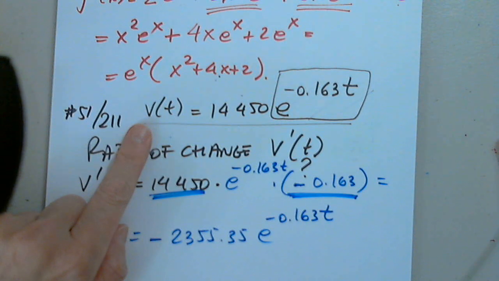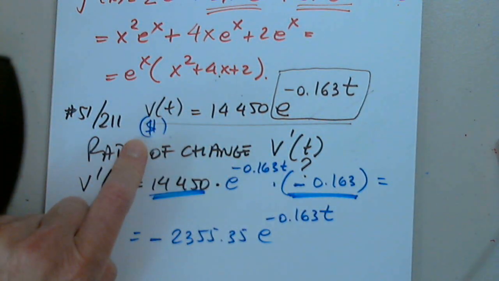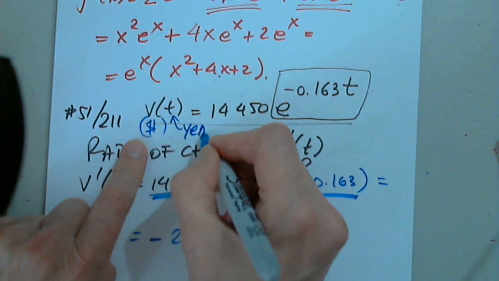Now, what I did not write, and that is not something that we should ever skip: the value of the equipment, I have to write somewhere that it's in dollars, and t is the number of years. It doesn't say for sure, but I'm assuming it's in years. So t in years.